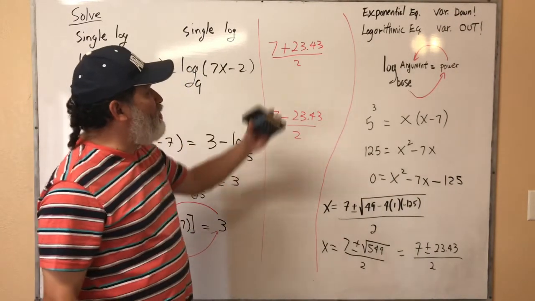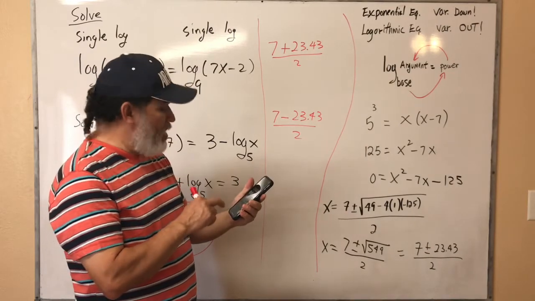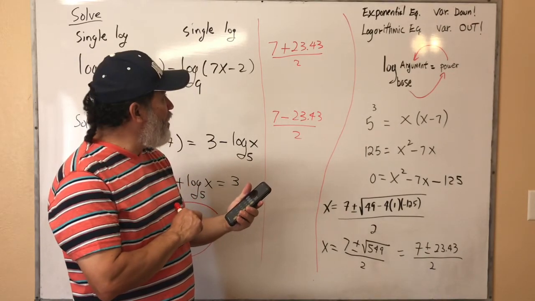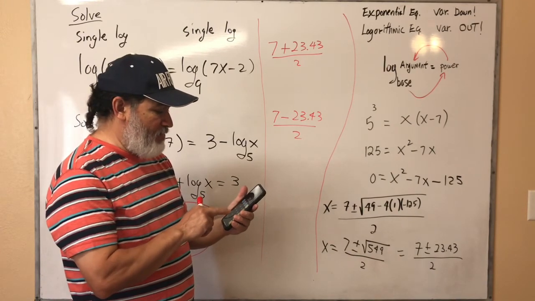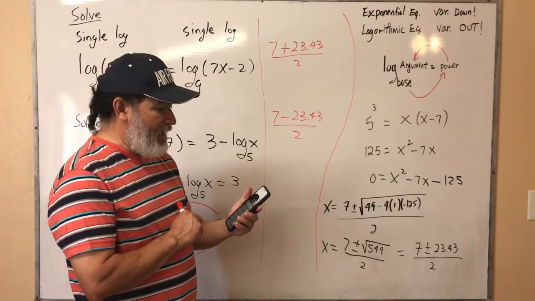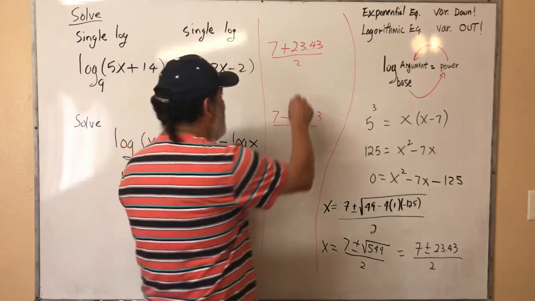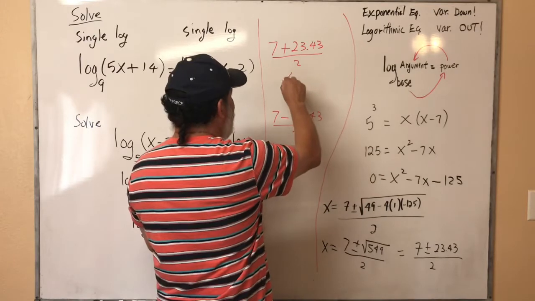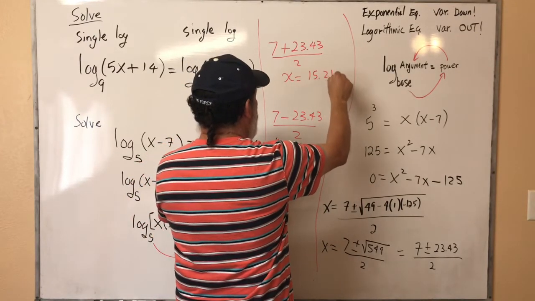That one is 30.43 over 2. 30.43 divided by 2, I get 15.215. So one answer is x equals 15.215.